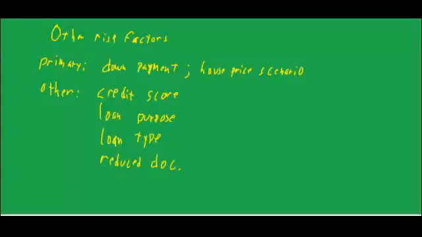Okay, next I want to talk about what I call other risk factors that you would put into an estimate of default costs or into pricing a mortgage. So the primary risk factors that we pay attention to are the down payment and then the house price scenario. So we talked about simulating house prices under a bunch of scenarios, and then if you have a loan with a 5% down payment, that's going to default in a certain number of those scenarios.